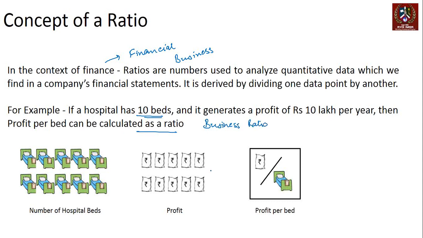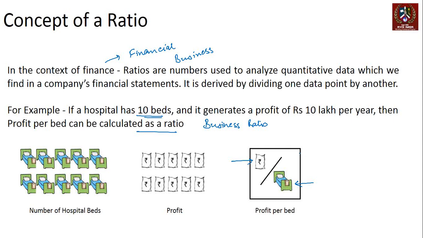Why? Because while the numerator is profit, the denominator is number of beds, which is one of the revenue drivers of the company. It is not a financial number. It's a business number as such, and that's why I call this a business ratio. Nevertheless, it gives us information about the company that profit per bed is rupees 1 lakh.